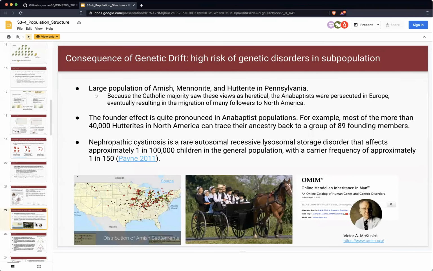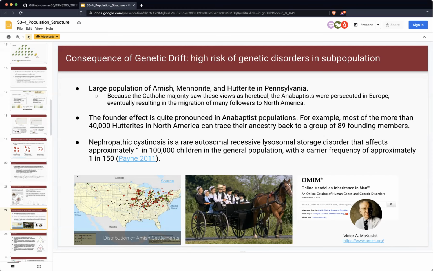And another well-known example of the consequence of genetic drift is the Amish population in Pennsylvania. Because of religious issues, some of the Anabaptists migrated from Central Europe to the American continent, right?